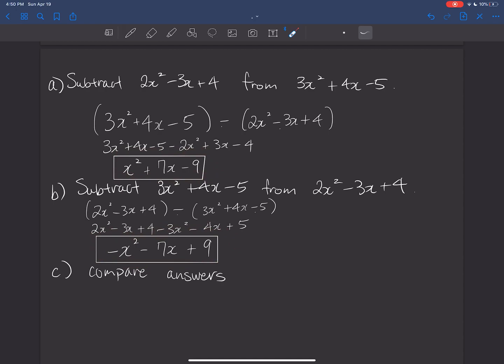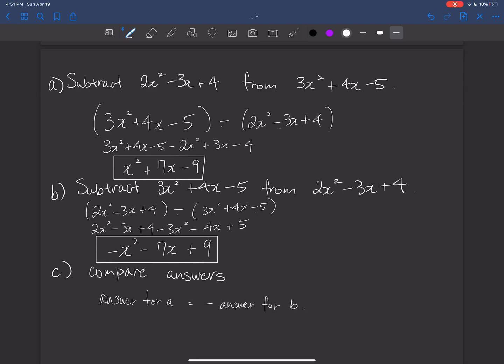And we notice that they are the opposite sign of each other, meaning the answer for A is equal to minus the answer for B. So if we switch the order of subtraction, we would get the opposite sign, the negative of the answer of the original subtraction.